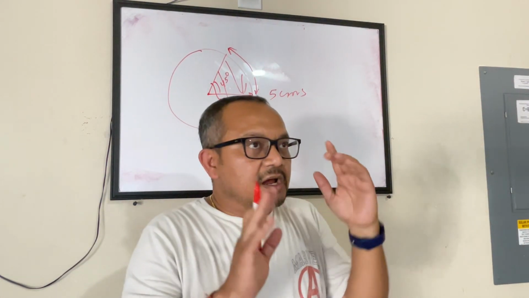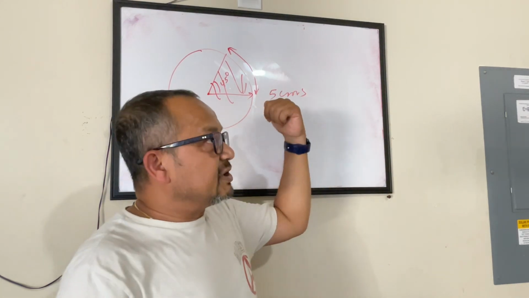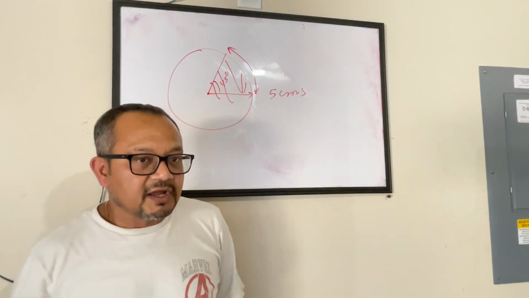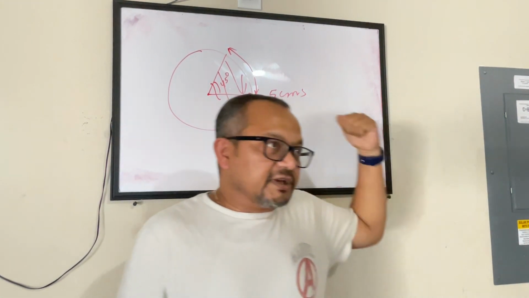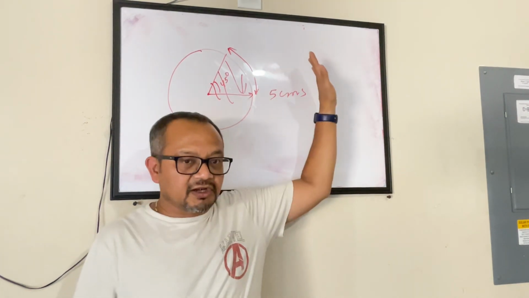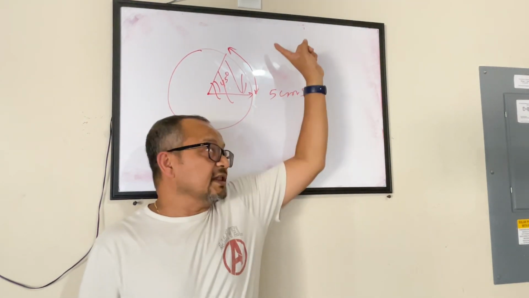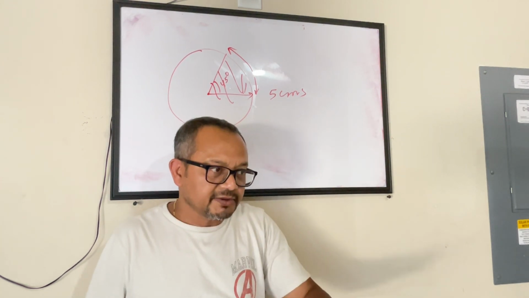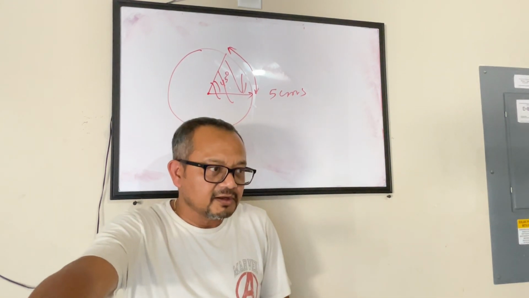So radius is 5 centimeters, and the arc is making a 45-degree angle on the center. The question says find out the area of the sector and the length of the arc. I know it's pretty hard, but you guys are okay? This is helping a little bit?